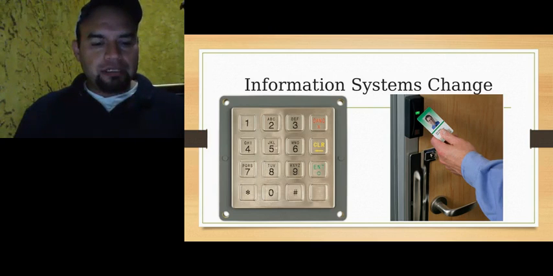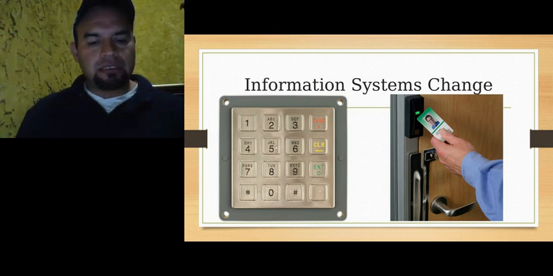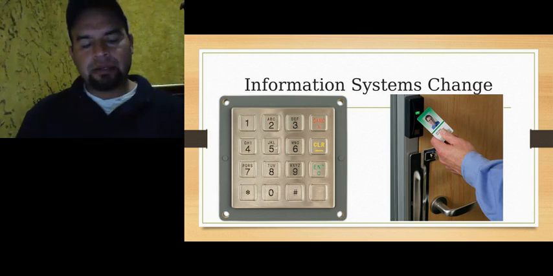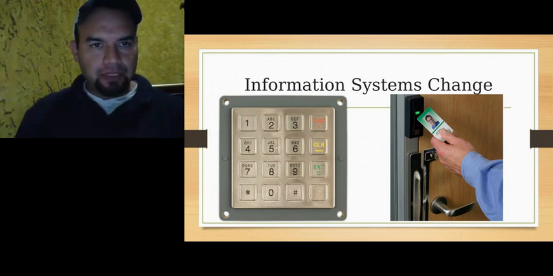Now they would need to change their system information. When this occurs, the information system must meet the new needs the company has. In this case, the company would need to modify their information. In other cases, the company may need to develop an entirely new information system.